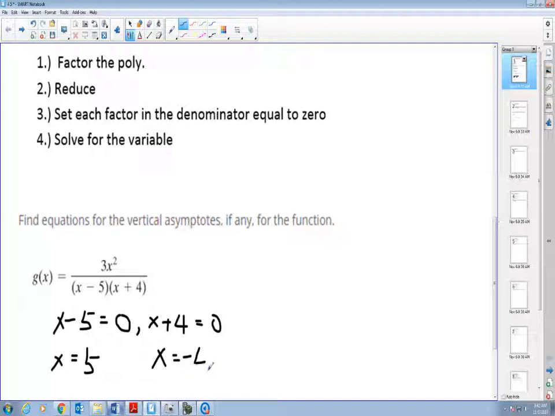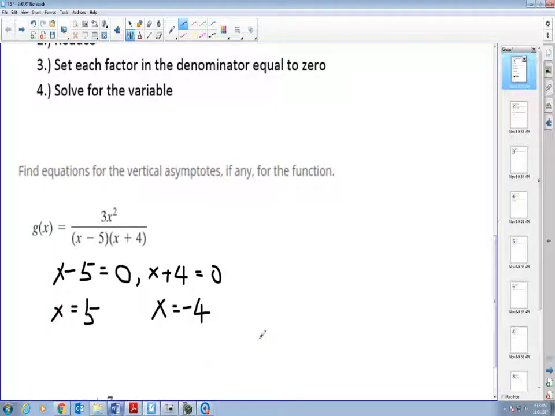So when we're talking about the restriction on the domain, x cannot be 5, x cannot be negative 4, because these two are called the vertical asymptotes. The equations for the vertical asymptotes are vertical lines, x equal to 5 and x equal to negative 4.